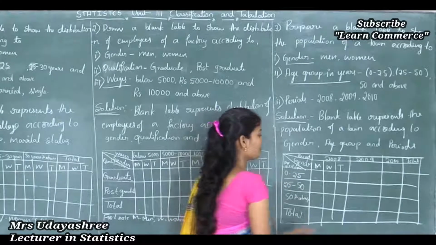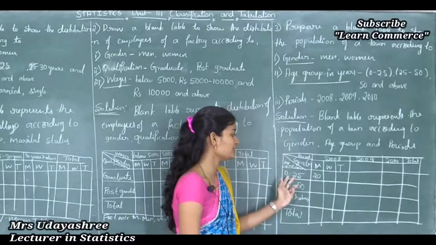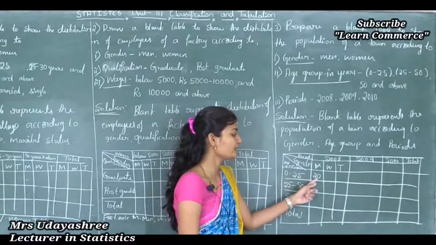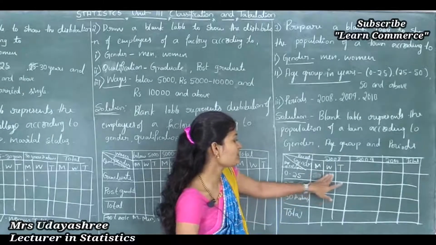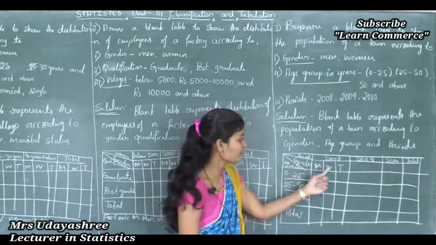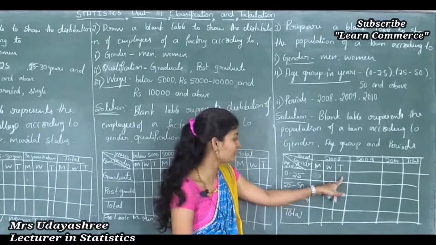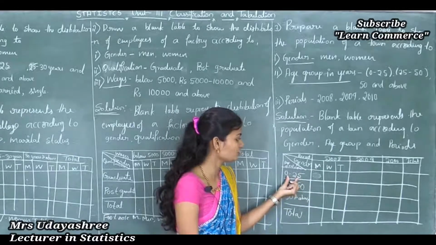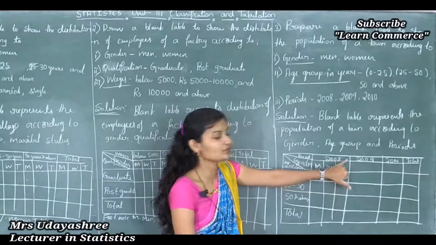For example, if it is 20, in a sense the age group between 0 to 25, there are 20 men in 2008. So this column indicates the age group between 0 to 25, the women population in 2008. Like that, this column indicates the age group between 0 to 25, the total number of population in 2008.